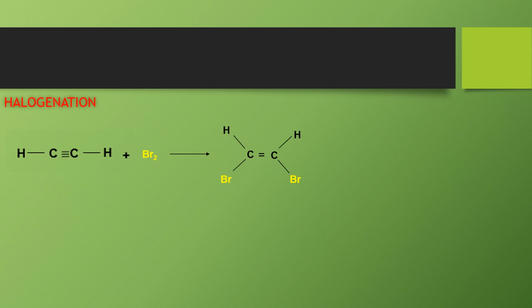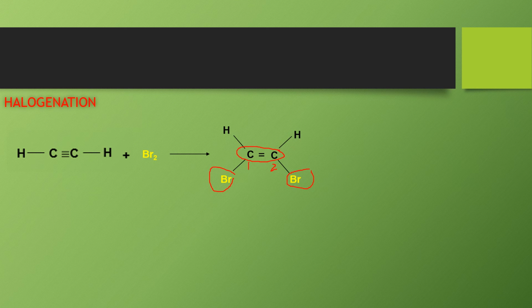This is grouped as a halide. So we are going to look at the parent chain: 2 carbon atoms in a double bond is ethene, and the 2 bromines act as branches. They are on different carbons, so that can be carbon 1 and this is carbon 2. Therefore, this organic compound is 1,2-dibromoethene.